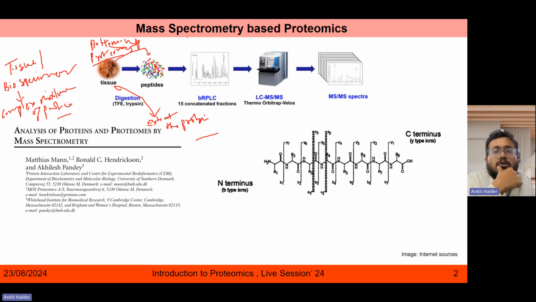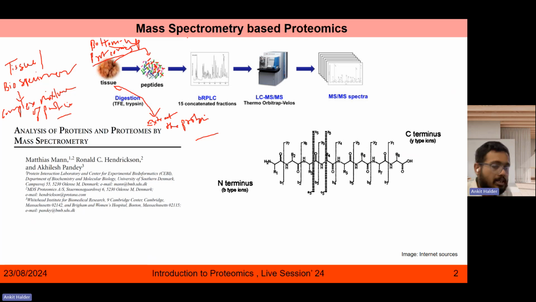After you extract out those proteins, you digest them using different proteolytic enzymes. So we are getting the peptides.